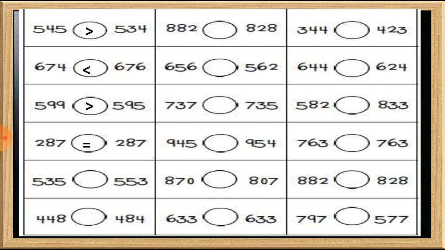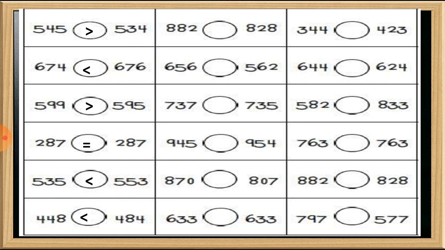Next one, at the left side there is number 535 and at the right side 553. So which is the big number? So 553 is a big number. Let's see next one, 448 and 484. So from this number, which is the big one?